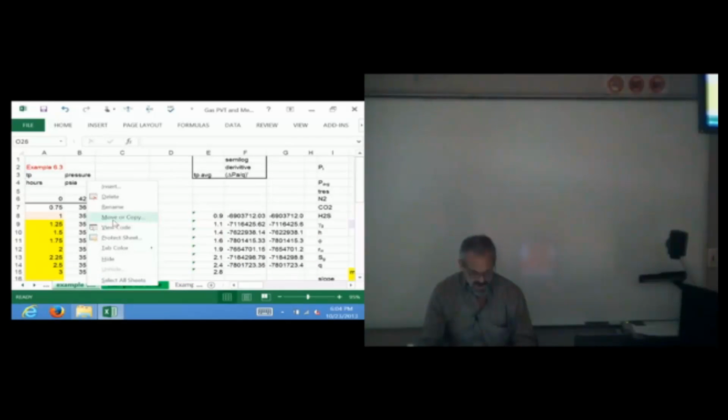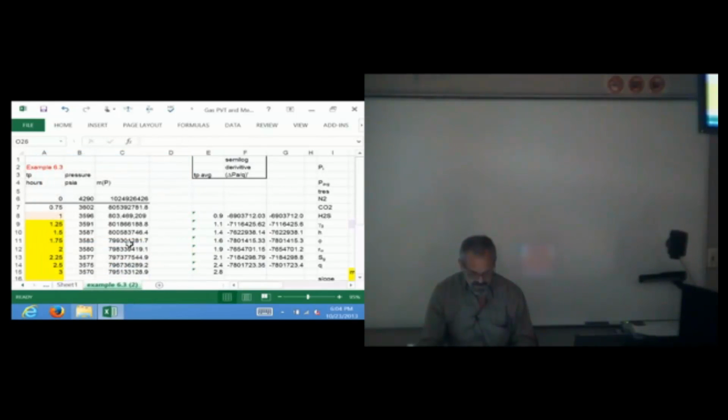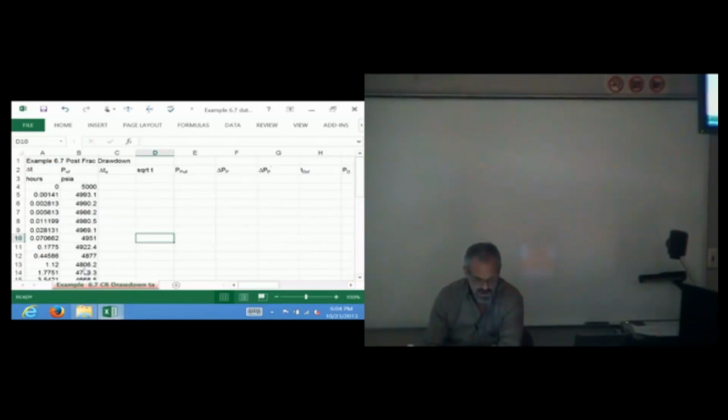So I'm going to move or copy, create a copy, and move to the end. Right now my tab says 6.3.2. And I've also opened up 6.7 constant rate drawdown T sub A, which you've all downloaded from the internet, from D2L, right?